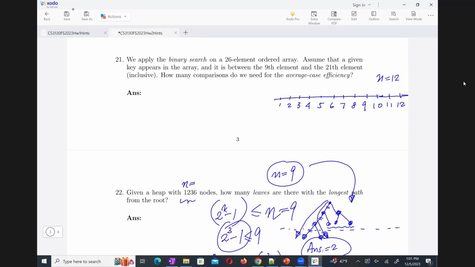When there are an even number of elements, there are two medians, left median and right median. But by default, we take the left median.